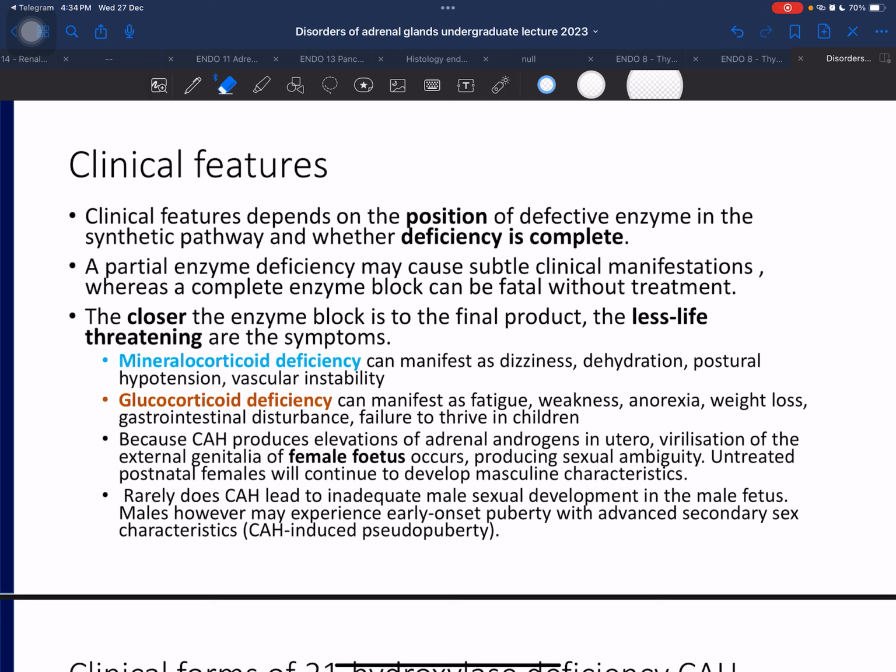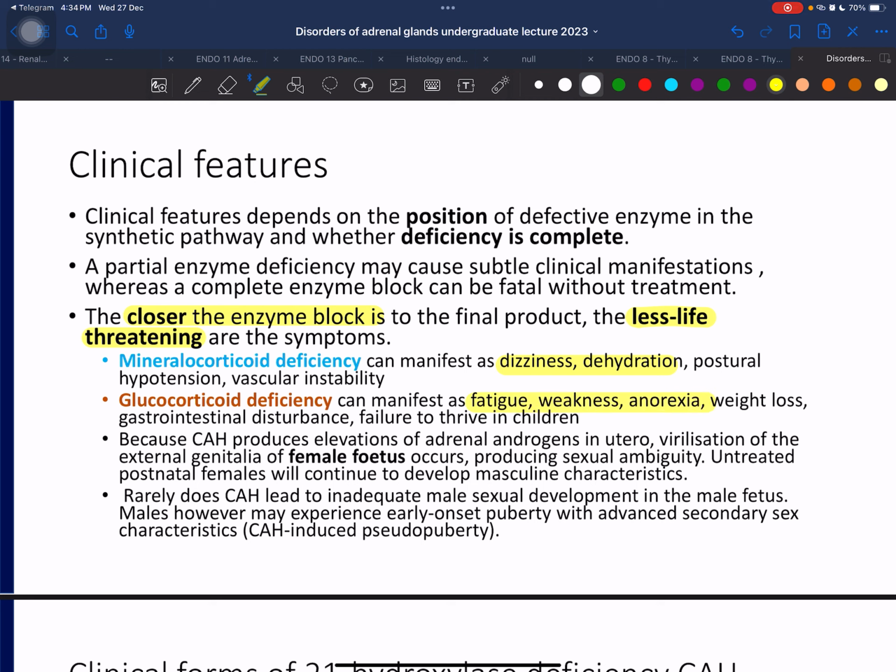The 11 one is much lower, so it has other enzymes to help convert a little bit of the precursors to the end product. So it's less life-threatening. And then you look at whether the enzyme deficiency is complete or partial. Some people have partial deficiency, some people have complete deficiency. Obviously, if you have complete deficiency, you don't have the enzyme at all, it's much a worst case scenario.